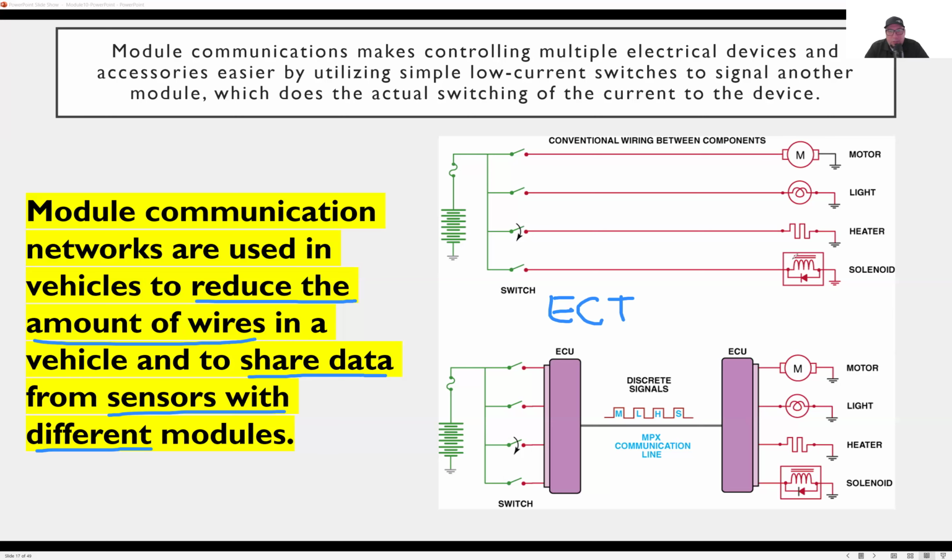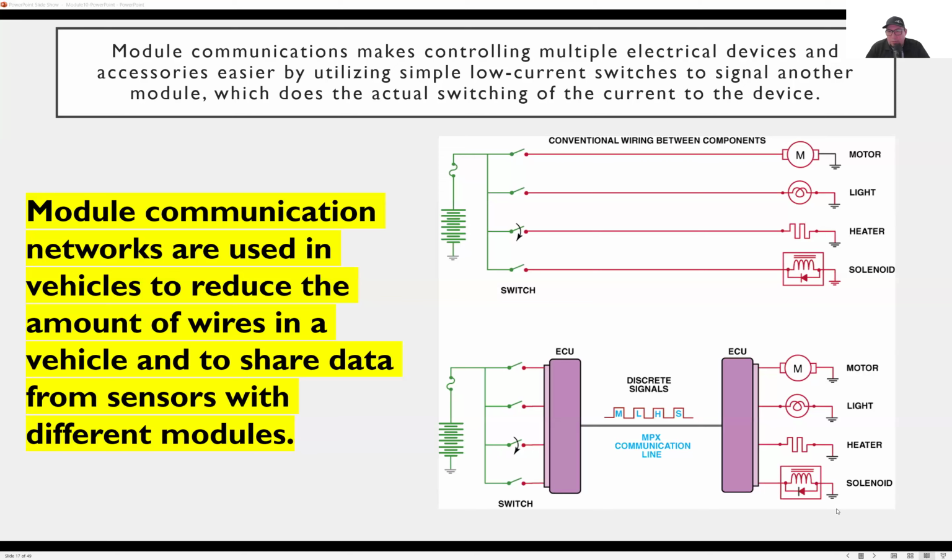So there's one sensor, that sensor goes into a module, then that module can share it on the network with everyone else. So we don't need multiple sensors of everything. We need one sensor. By doing this, this reduces the wiring needed in the vehicle as well. Okay. So that's the reason why we have networks in vehicles.